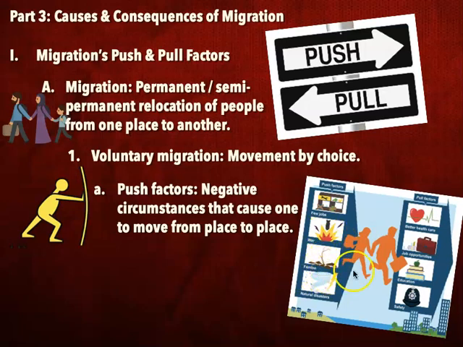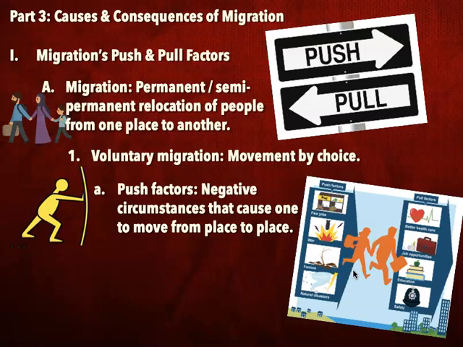It might have to do with environmental factors that are making life challenging in a place that you're at. We can go in a lot of different directions as well. Those negative circumstances could be the economics changing in a certain part of a country or a region that is making employment a real challenge. Could be crime rates, those kinds of things.